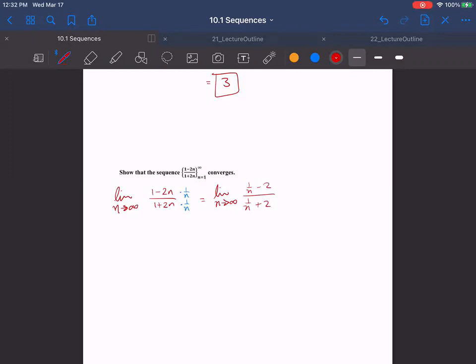How about that? Remember these ones now, right? Let me do something like that. Okay, and then, of course, if we then take the limit, we end up with 0 minus 2 on the top and 0 plus 2 on the bottom, which is -2/2, which is -1.